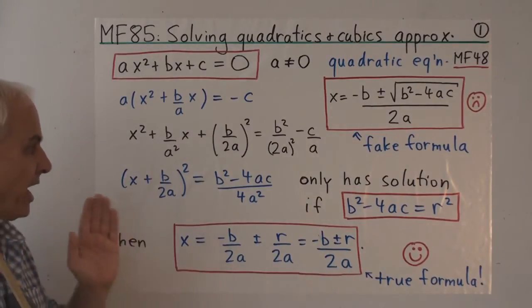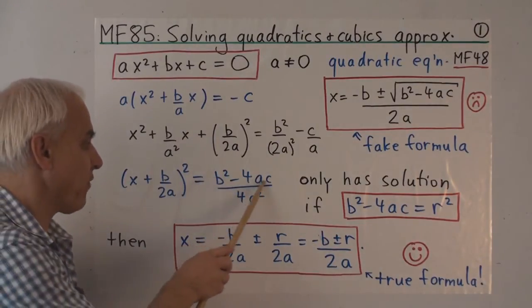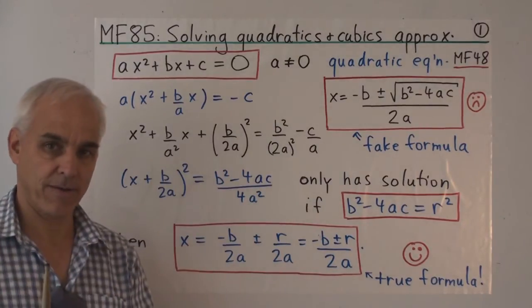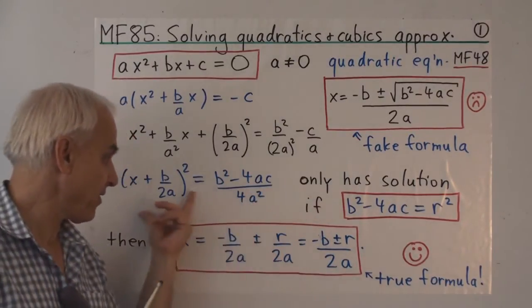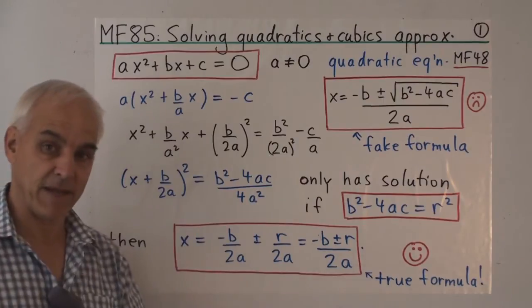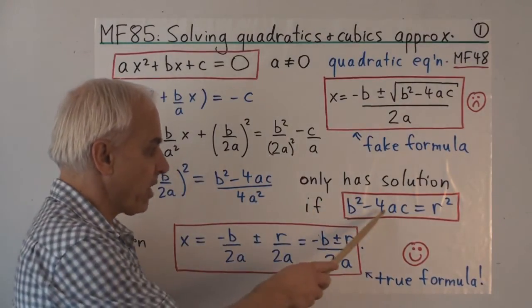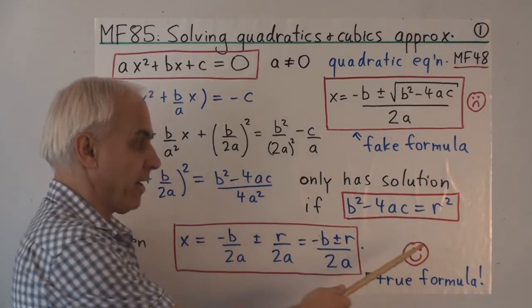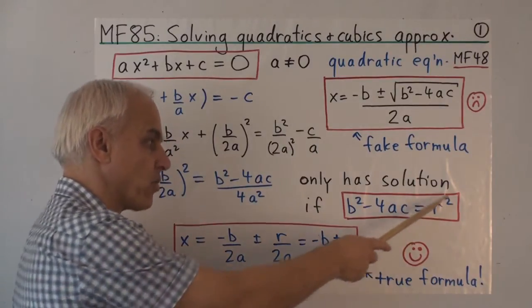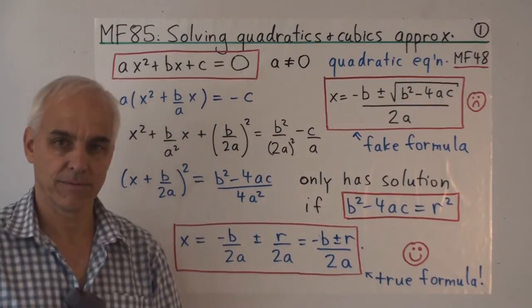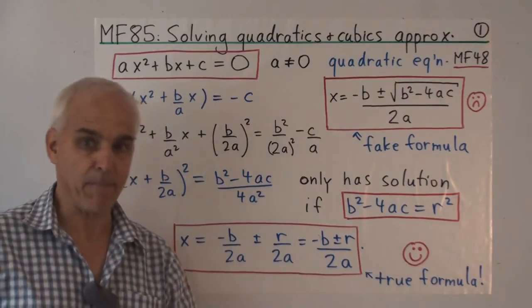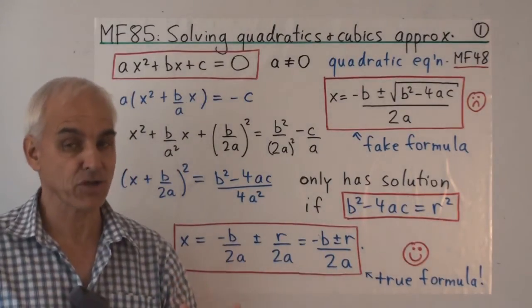So this really only has a solution when b squared minus 4ac is a square. That way the left-hand side and the right-hand side are both squares and things make sense. So this only has a solution if b squared minus 4ac is a square. In other words, of the form r squared for some number r. And whenever I say number in this context, we're talking about rational numbers.